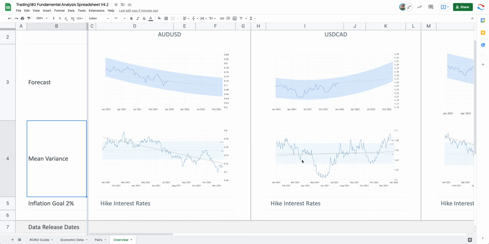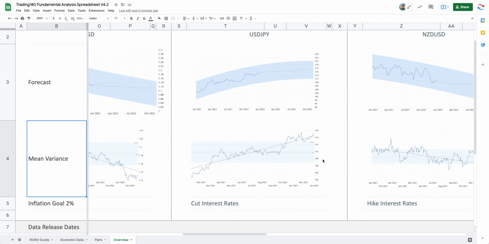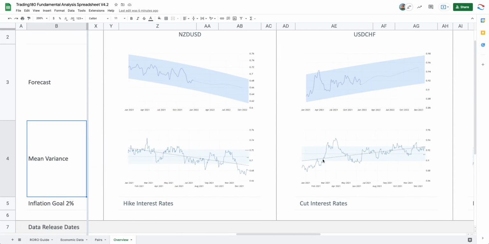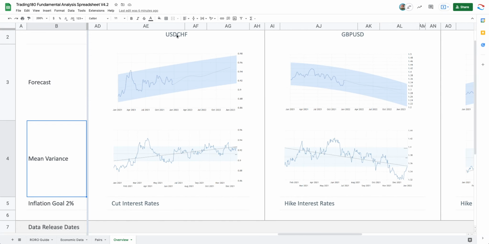So it's always a good idea to keep an eye on the mean, the variance, and where price is, if it's a bit too far on the extreme end. Another example of that would be dollar Swiss.